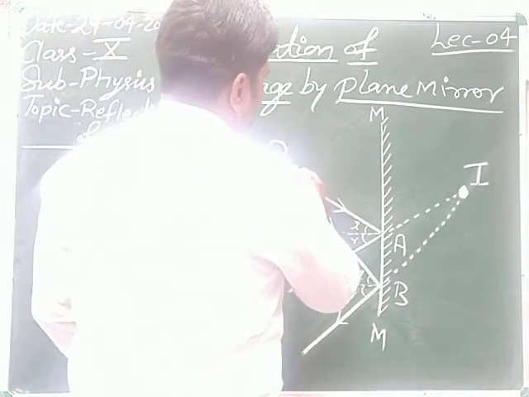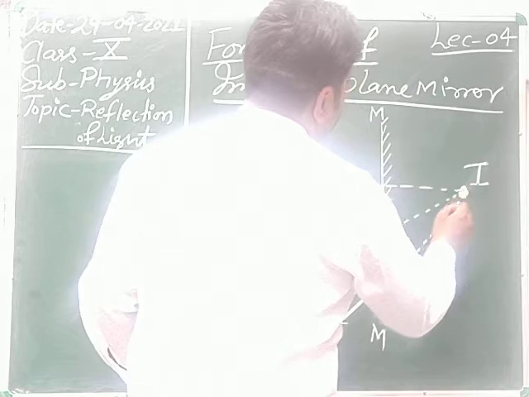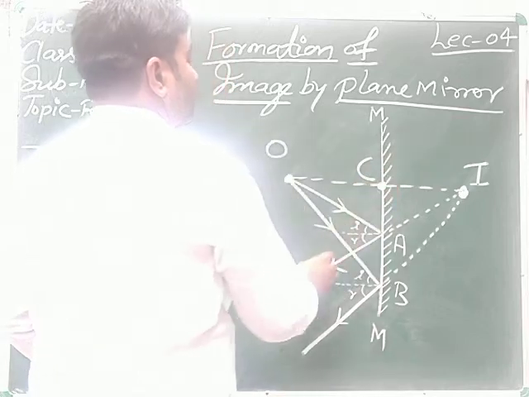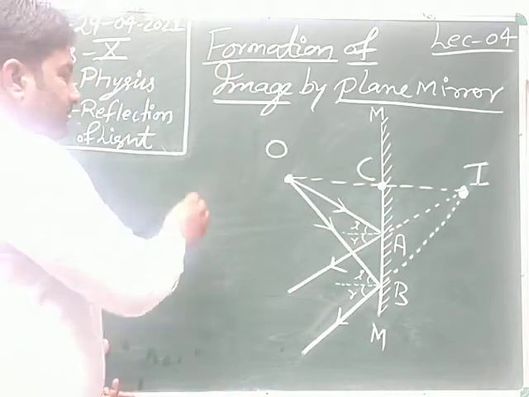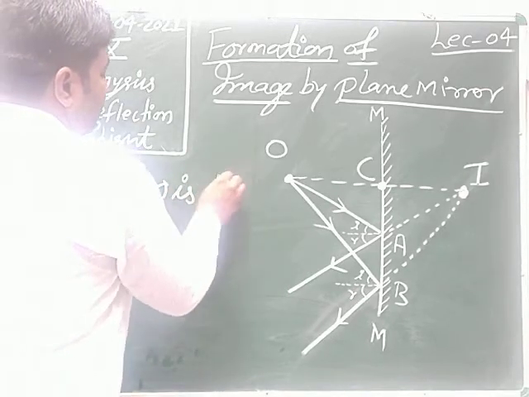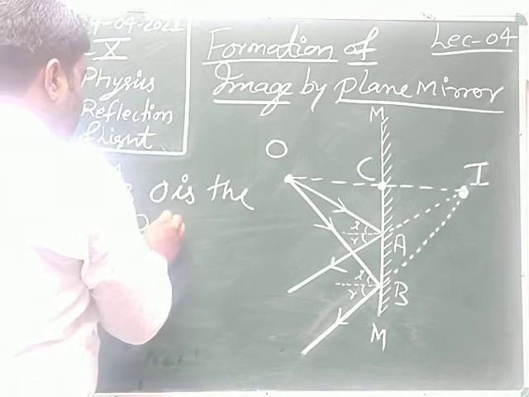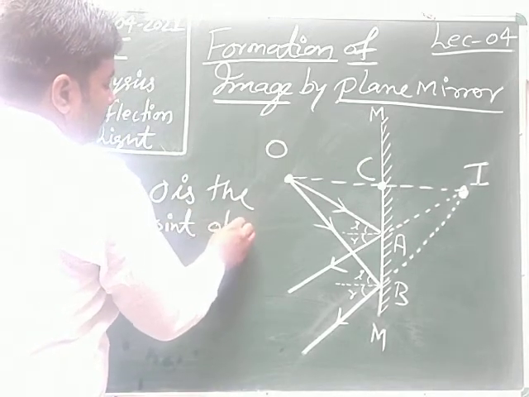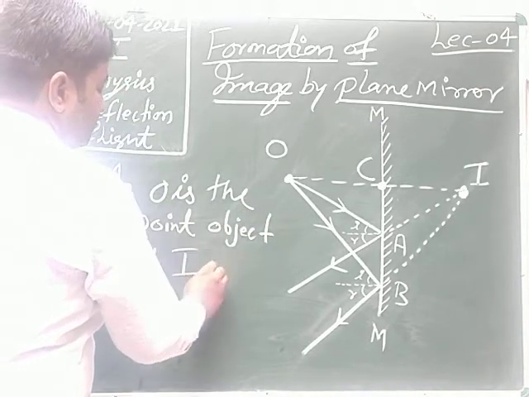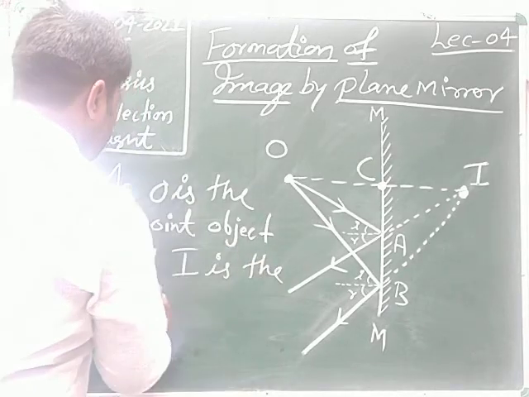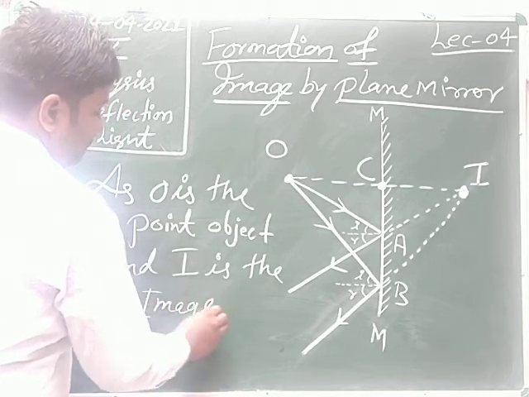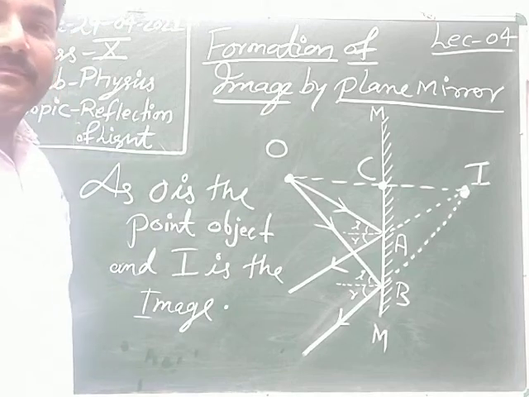When we join these two points, O is the point object and I is the image.